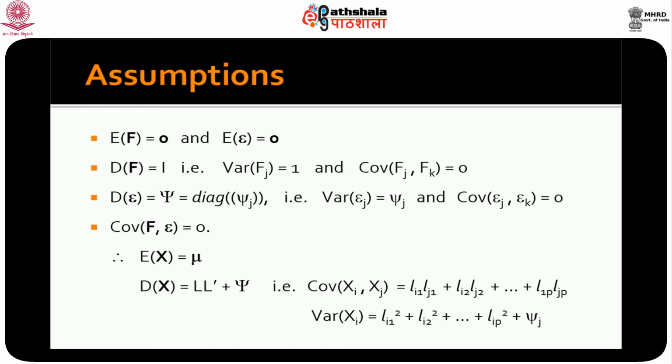So, it is basically the ith row of L and it is the product sum with the jth row of L. That would be the covariance. What about the variance? The variance will come out to be equal to Li1 square plus ... plus Lip square plus psi_i. It is basically the square of the elements in the ith row summed up, and with it the psi_i factor would also come in.